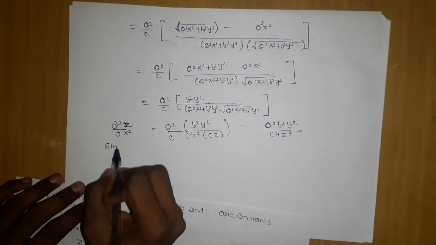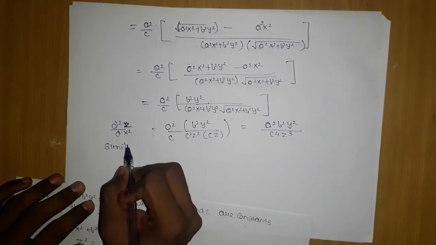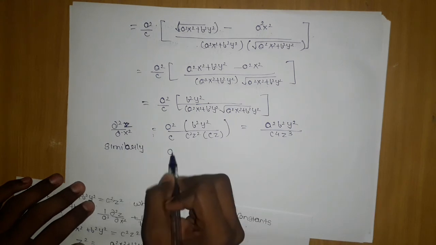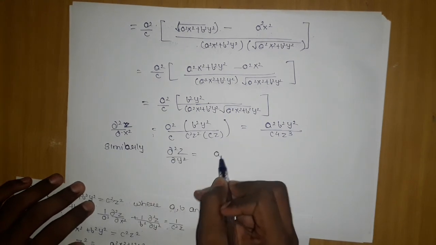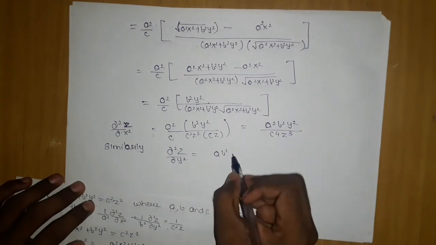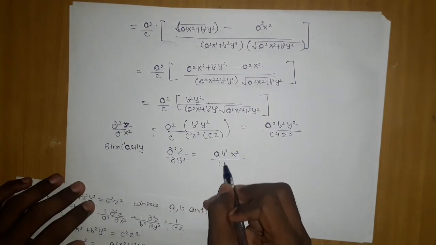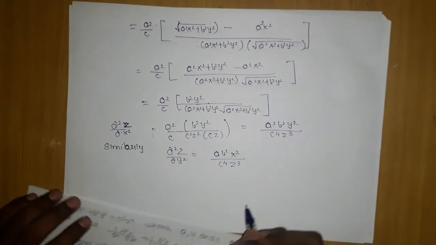Now we are not going to solve for y, we are going to say similarly dou square z by dou y square will be what? A b square, here we are getting y, so we will get x square, and it will be c power 4 z cube.